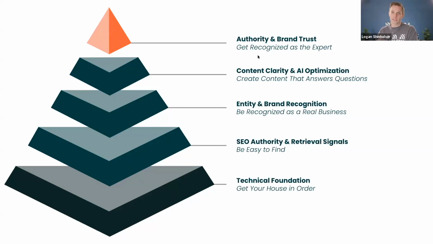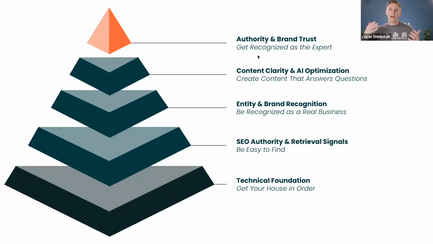If somebody types in, who is an award-winning design build firm in Charlotte, and you have an FAQ that asks, have you won any awards for remodeling? And the answer is, yes, we have won awards for remodeling here in Charlotte. That's the idea. The easier you can make it, almost like you're speaking to a third grader, the more that is what the AI wants.